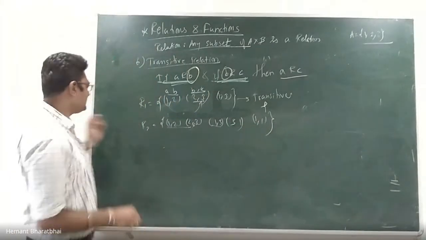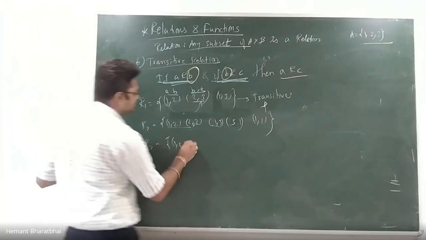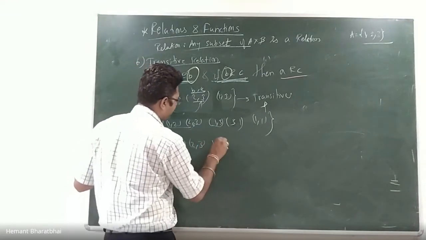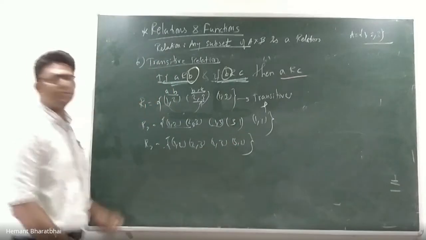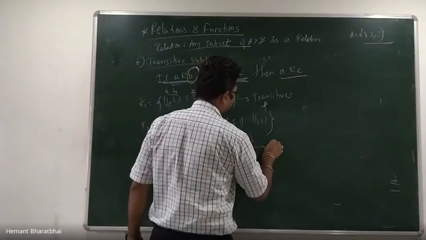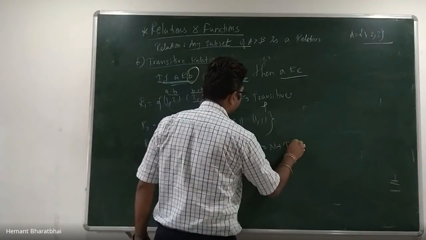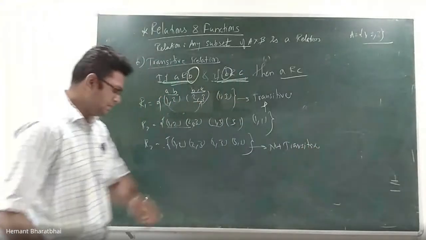But if I write something like this, now this is not transitive. Why?